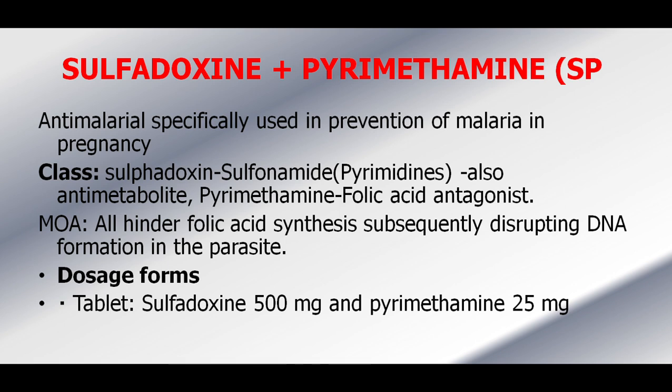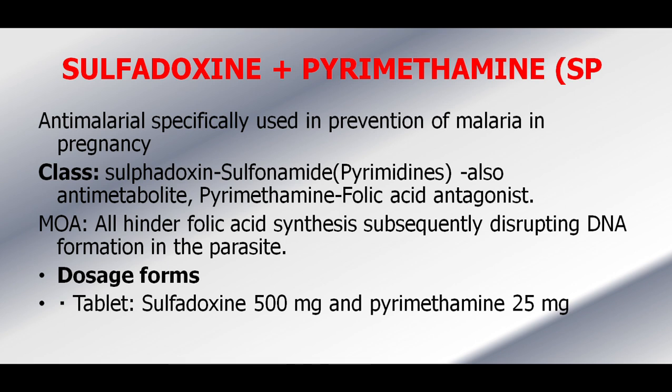In their mechanism of action, they hinder folic acid synthesis, subsequently disrupting DNA formation in the parasite. Now, DNA is responsible for life. If its formation is interrupted, it leads to death. Now, if Fansidar interrupts DNA formation, the parasite won't be able to carry out its normal activity, therefore it will die.